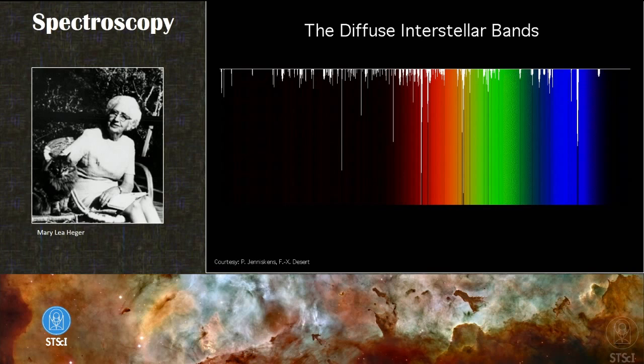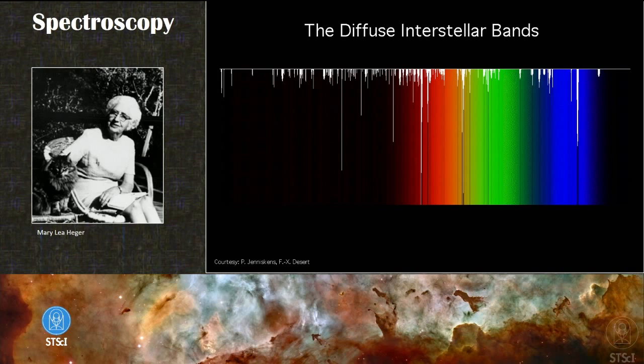Each of those dips are absorption features that are called the diffuse interstellar bands. They were first discovered around 1919 by Mary Lea Heger. She was a graduate student at Lick Observatory. And they're the longest spectroscopic mystery in astronomy. We don't know what these are.